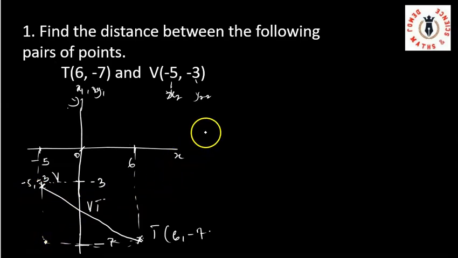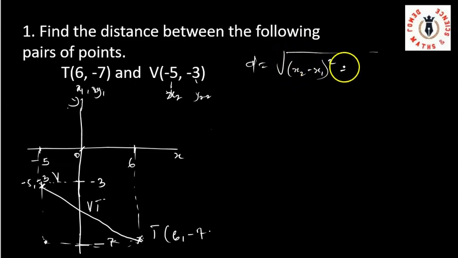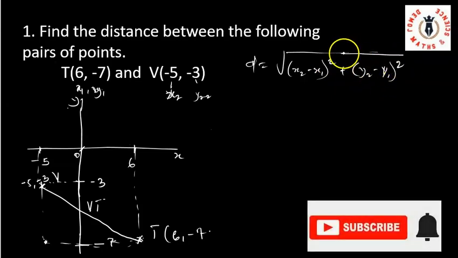Now, if you missed our first lesson, where we explained how to find distance between 2 points and how to derive the formula for finding distance between 2 points, kindly look into the description below. I have placed a link to that lesson. Now, the formula for distance between 2 points is that D is equal to the square root of x2 minus x1 all squared plus y2 minus y1 all squared.